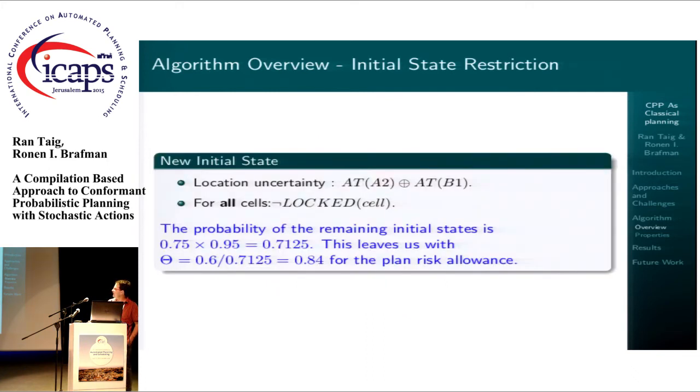So we got a new initial state described like that, and the probability of the initial states that we are left with is 0.71, which means that we have another 0.84 probability mass to take for the plan risk allowance.